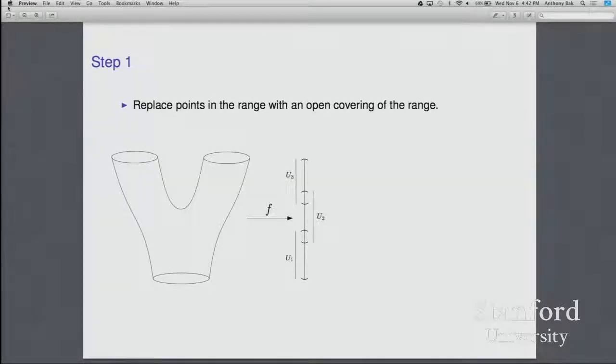So I take an open covering of the range of the function. Now I again take inverse images of those open sets, and I'm also going to take connected components of the inverse image. I'm going to draw a dot, but now this dot represents a lot of points. So I do a big dot.